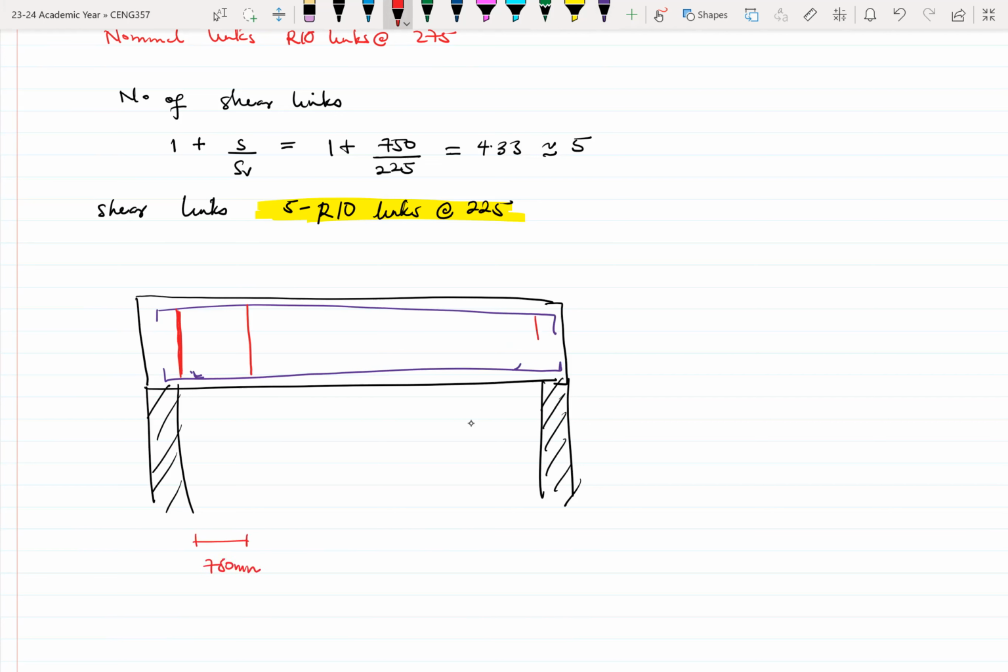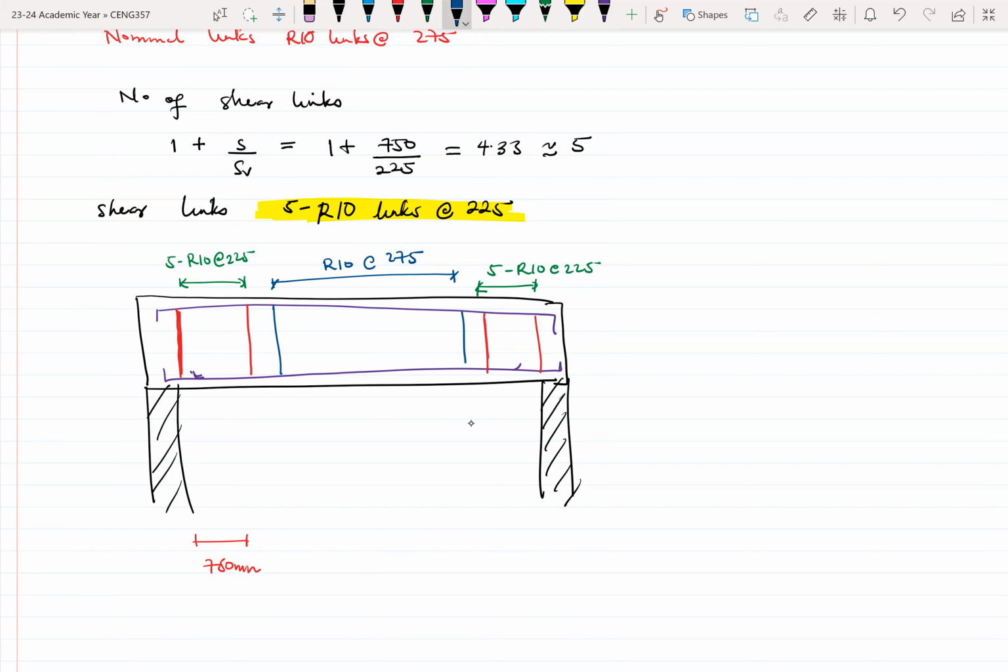Whatever is happening on the left is also happening on the right, so it's a mirror image. So we have this distance right here where we are putting 5R10 at 225. Then in between, we have the nominal links, which might start from some distance away. So this zone here would be the nominal links, and that would be R10 at 275.